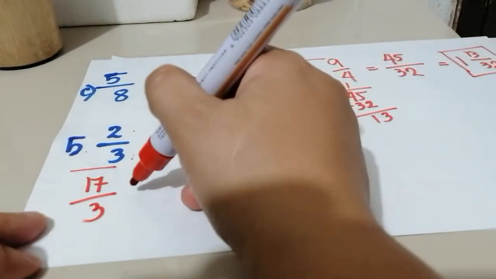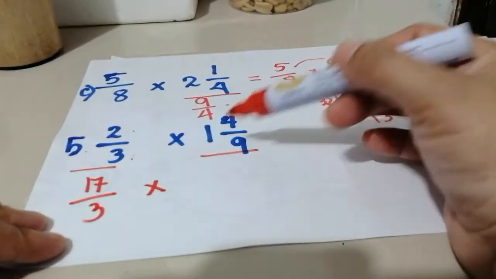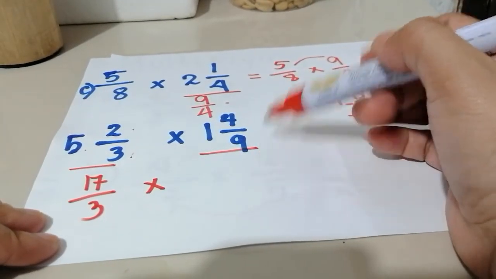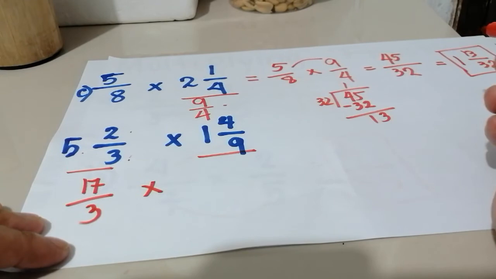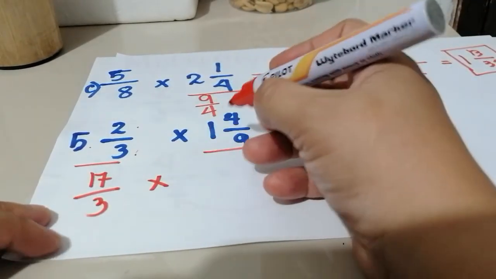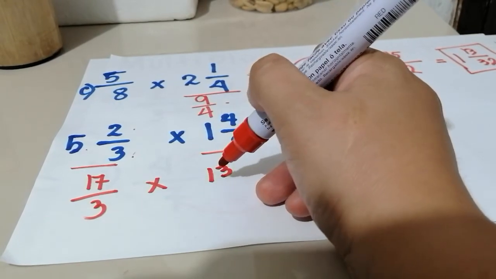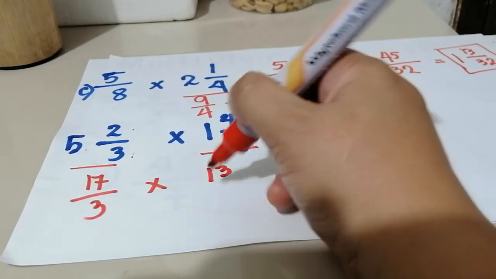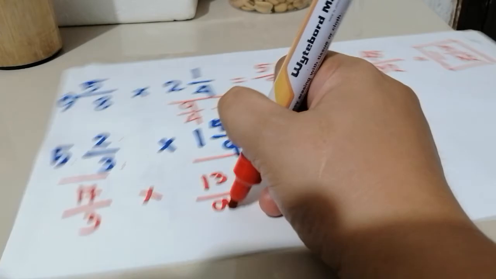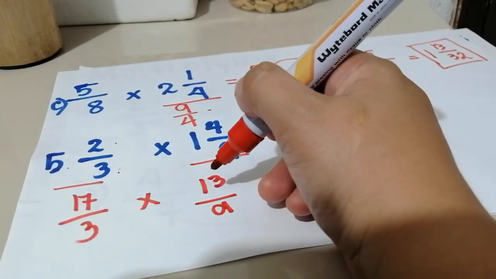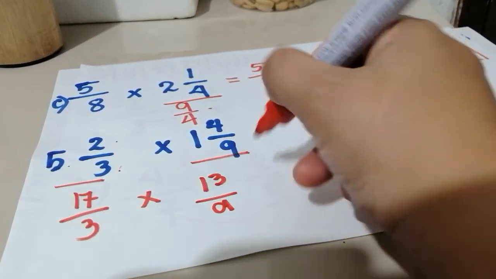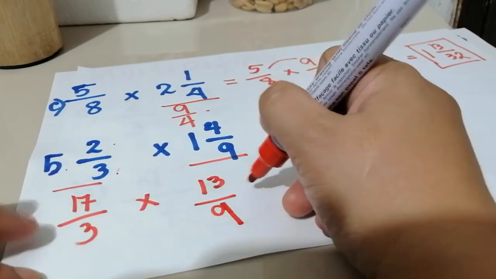Kopyahin lang denominator. Times 1 times 9 plus 4 is 13. So, 13 over 9. Okay? So, 17 times 13 and 3 times 9.